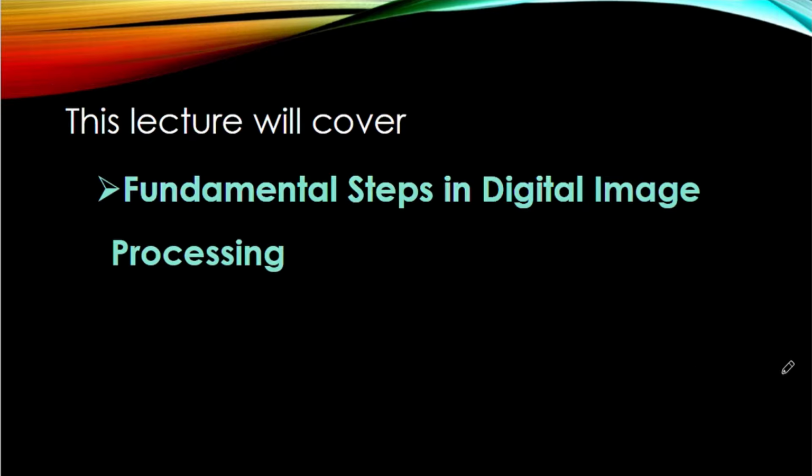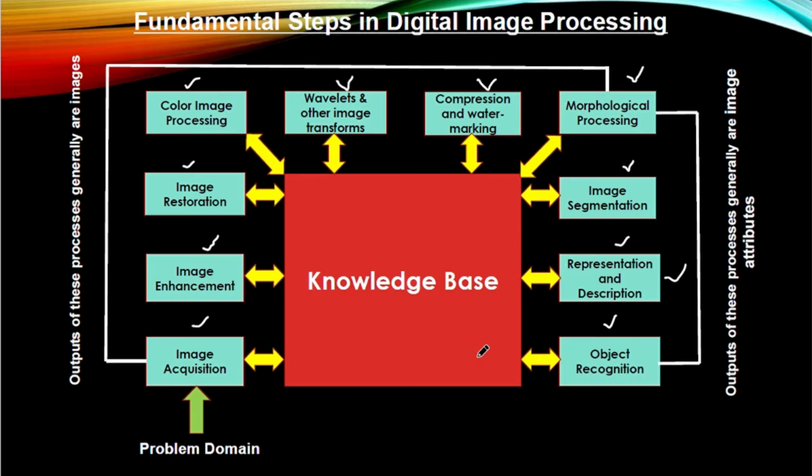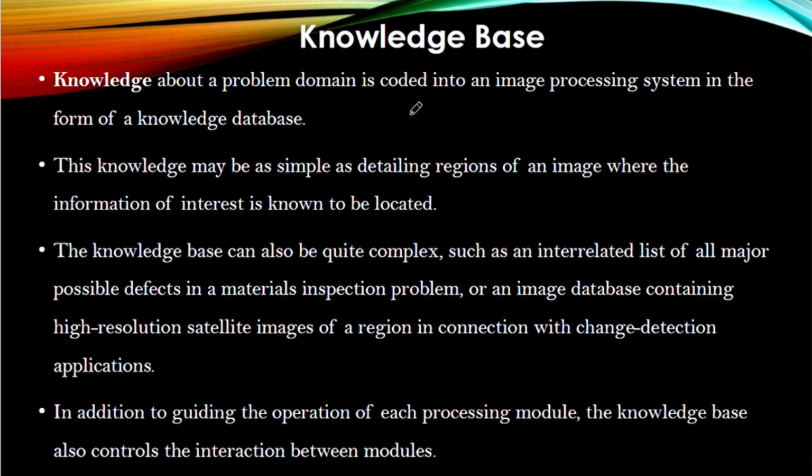Yes, all these steps are connected to the knowledge base. What is the meaning of the knowledge base? Knowledge about a problem domain is coded into an image processing system in the form of a knowledge database. With the knowledge database, we can apply the different image processing steps required to solve a problem.